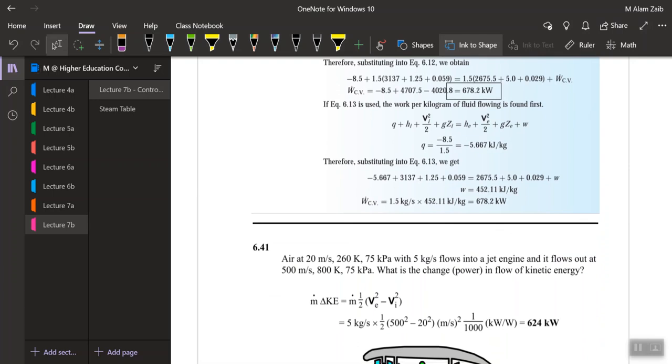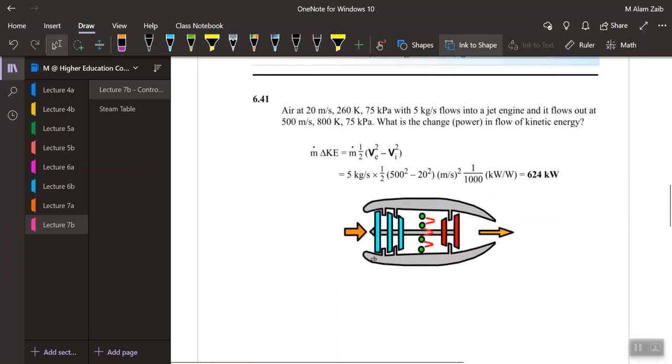So going to the next question. Now we have got the air which is going into the control volume. Now air has got the velocity of 20 meter per second, temperature of 260 Kelvin, and a pressure of 75 kilopascal, with the mass flow rate of 500 kg per second.